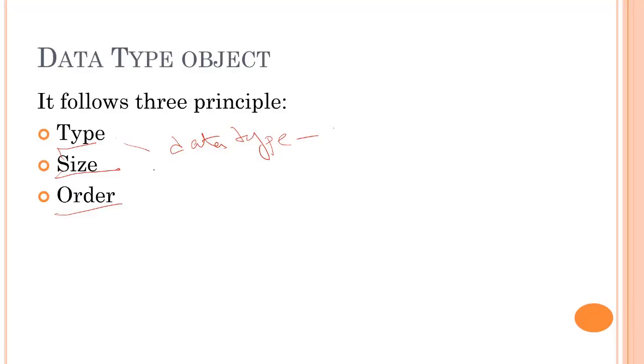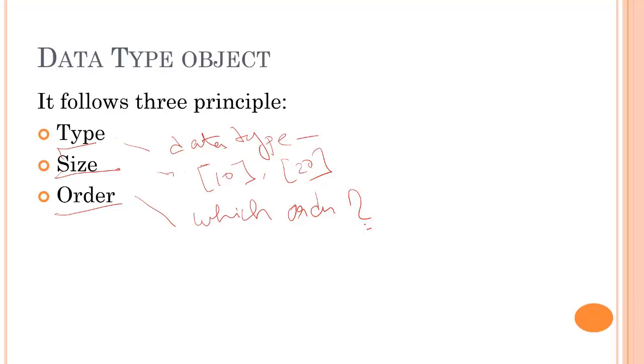Then the size: what is the size of the data, meaning the values, whether it should be an array of size 10 or 20. And order: which order we need to use for that particular data type. So we have to follow these three principles whenever we use a data object.